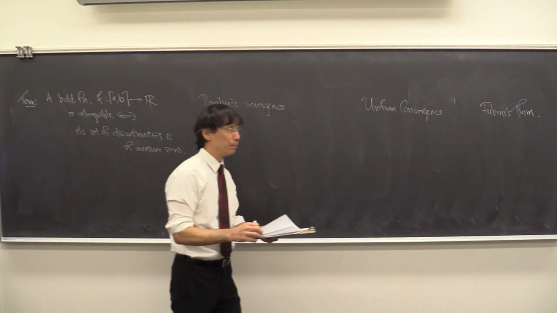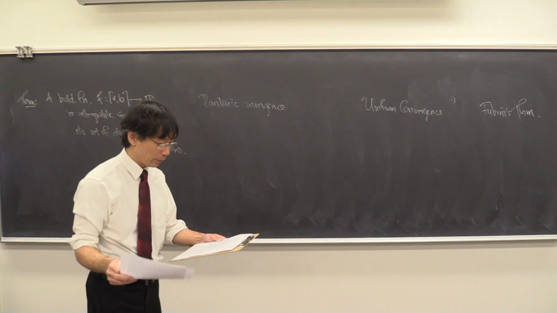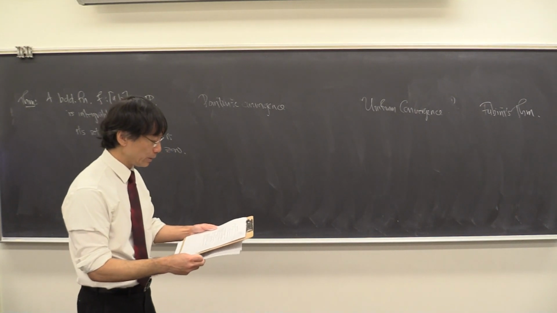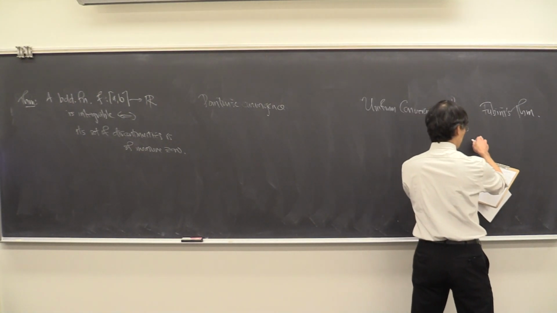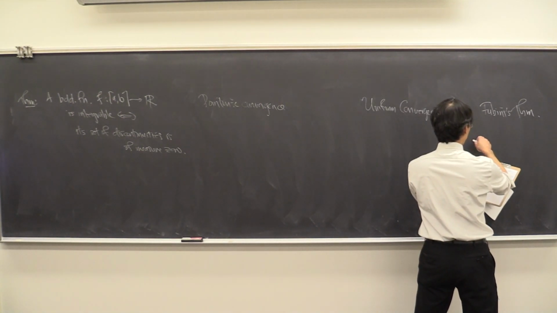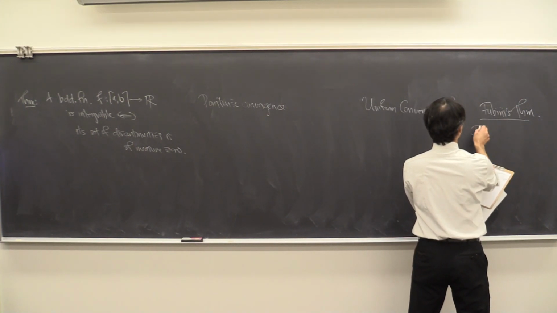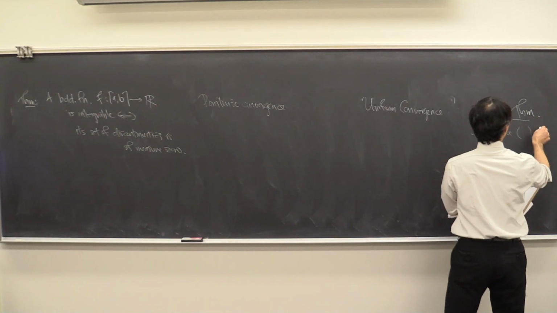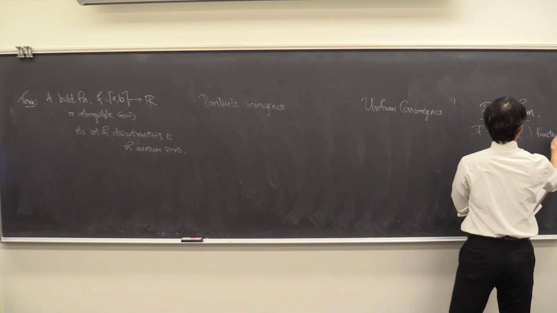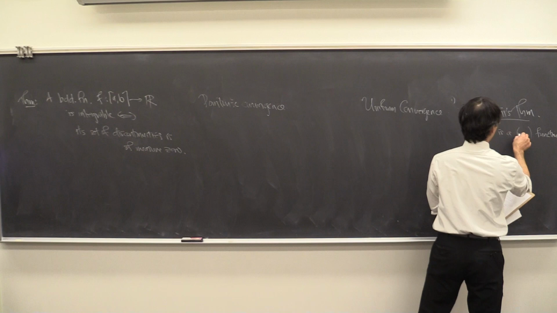So let me make sure that I get Fubini's theorem. I'm going to give Fubini's theorem first, even though it's last on my list here. This is a theorem that would come in very handy. If f is a function, actually there's some condition on it called measurability, but we're not going to talk about that.